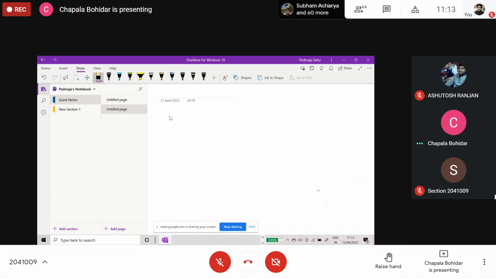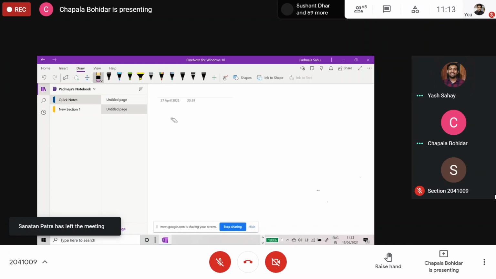R0, R1. The vector R equals R0 vector plus lambda times (R0 vector minus R1 vector). Is the parameter you are considering lambda, or T? Yes, ma'am, T.